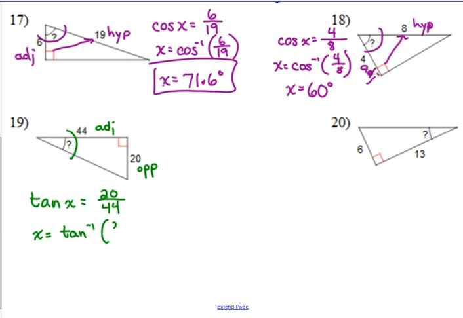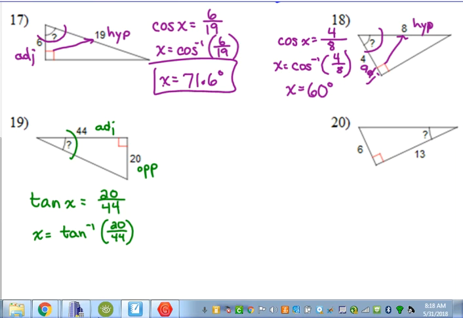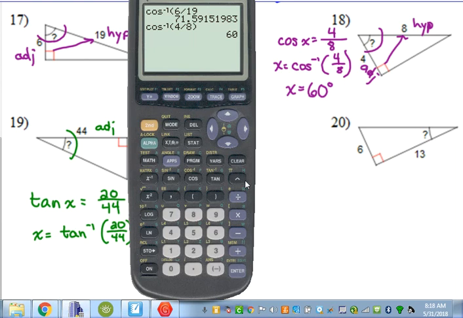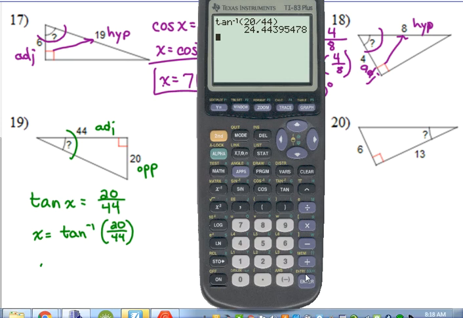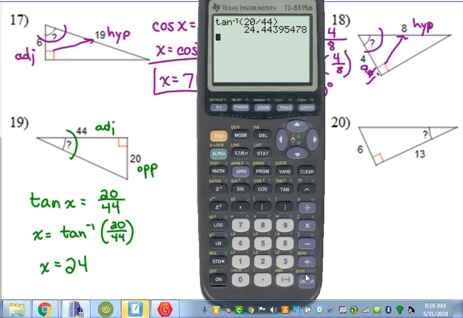You really have to make sure that you have the tangent set up correctly, because it will not give you an error message like the sine and cosine will. So our angle here is 24.4.